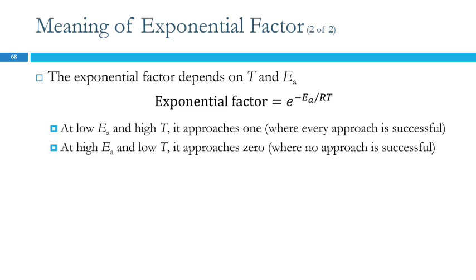Does that make sense? So high activation energy makes it harder for the reaction to occur, and low temperature, with the molecules moving more slowly, makes it hard for the reaction to occur. Any questions?